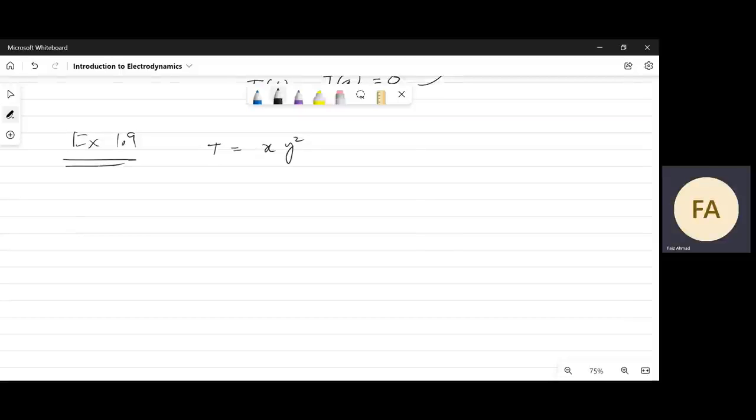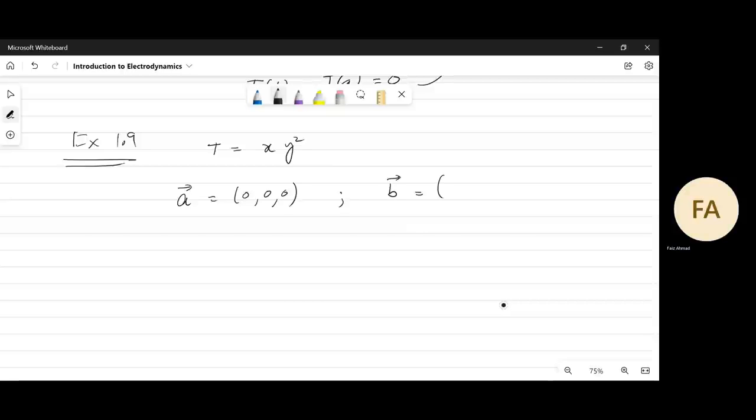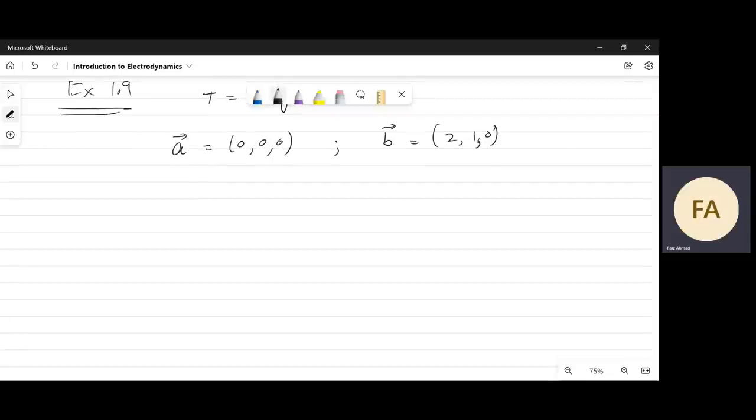Then we are given two points, point A is 0 0 0, and point B is 2 1 0. So we can draw this line path.